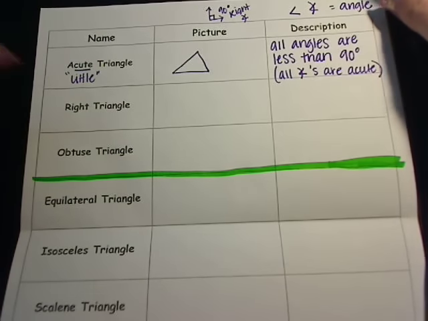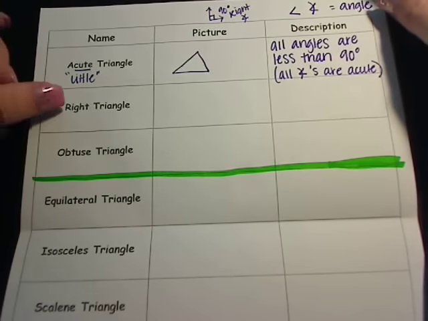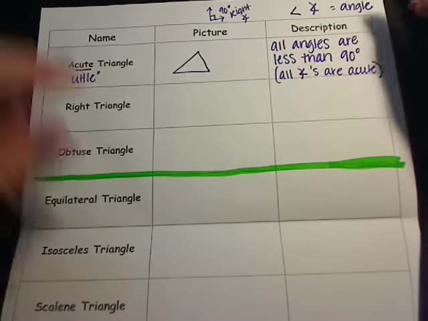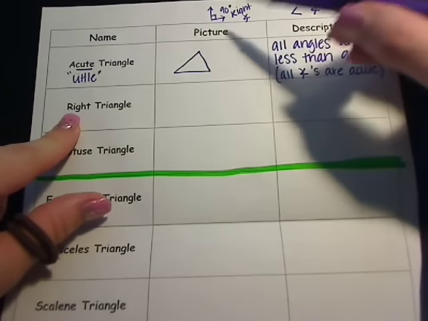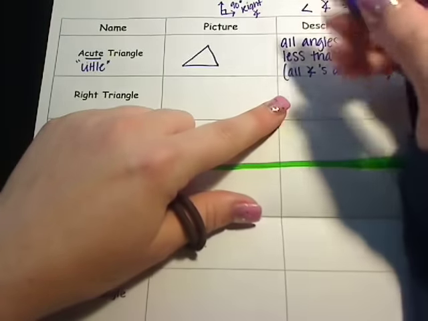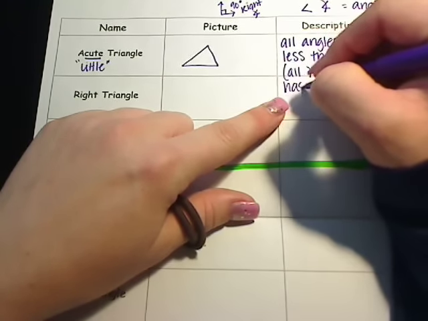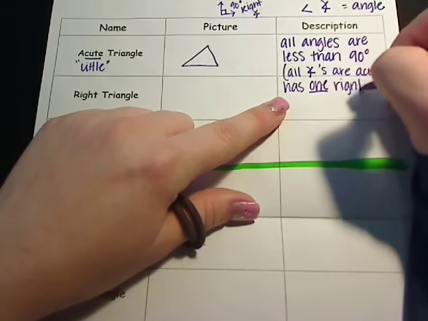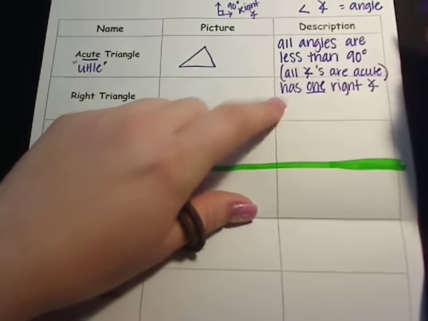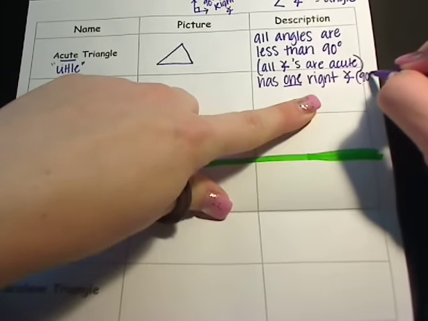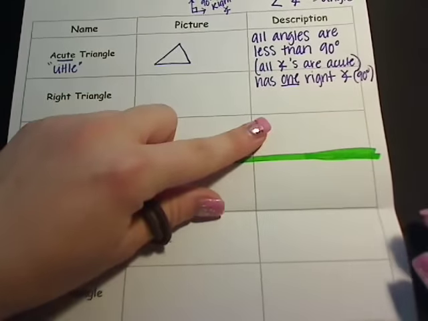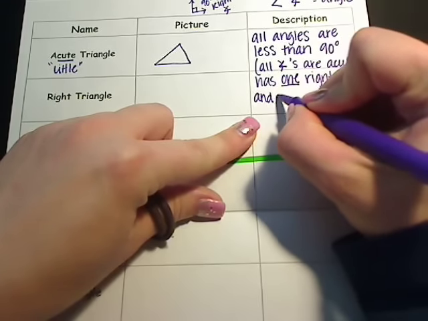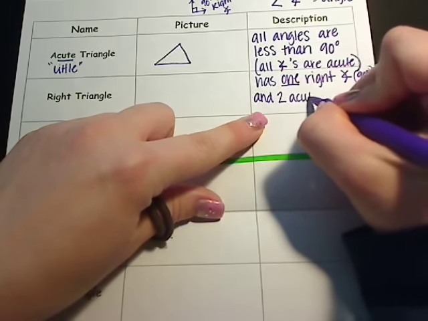The next triangle we're going to talk about is a right triangle. A right triangle sounds just like what it is. Right triangles have right angles. So a right triangle has one right angle, which is 90 degrees, and two acute angles.